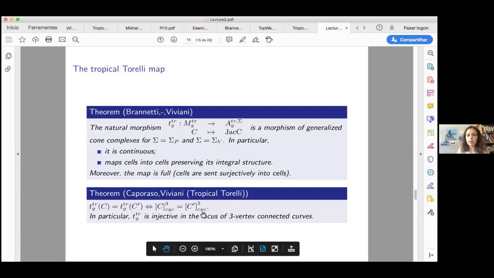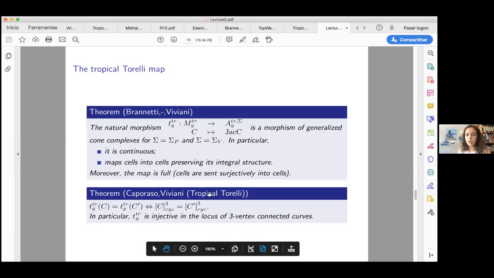I think it must be both, because the cells must preserve the integral structure, and they are surjective onto the real cells. So the integral part always goes to the integral part as well. It's part of the requirements, so I think the answer is yes.